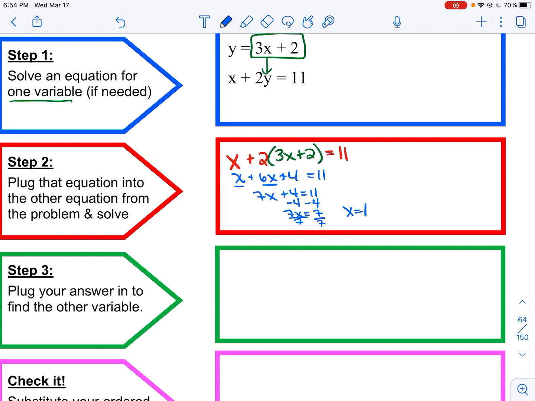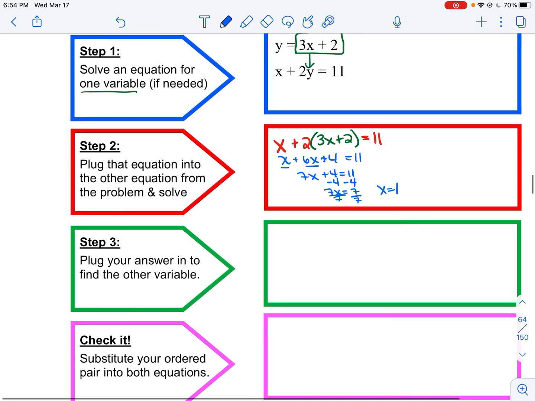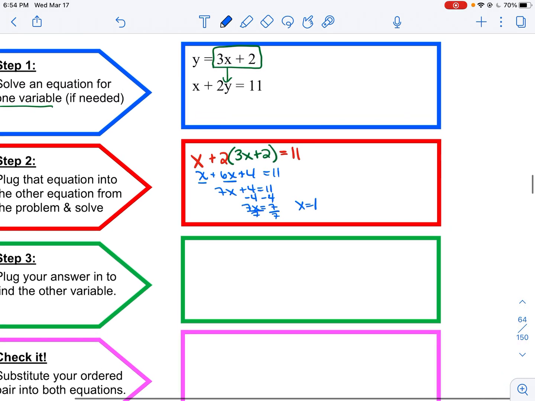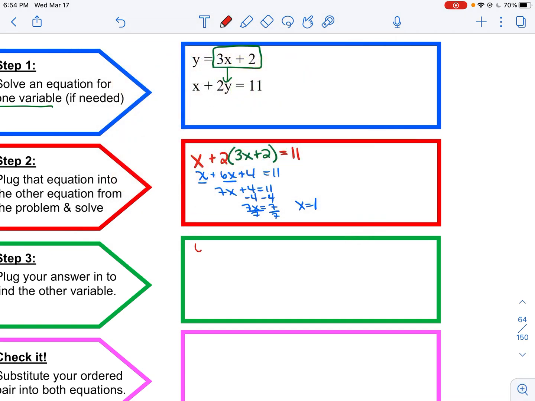Then it says plug your answer in to find the other variable. Now, it doesn't matter which equation you plug it into. I will show you that it does not matter. I am going to plug it in to both equations. So y equals 3, parenthesis 1, plus 2.